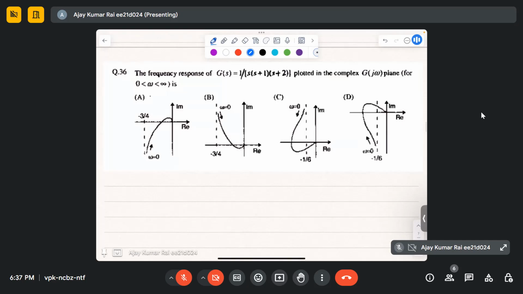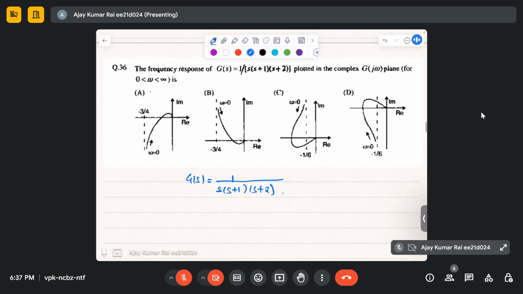The frequency response plotted in the complex plane. We have to find out the Nyquist plot corresponding to this G(s), though G(s) is not clear, so let me write 1 by s into (s plus 1) into (s plus 2). We have to find out the frequency response plotted in the complex G of omega plane.